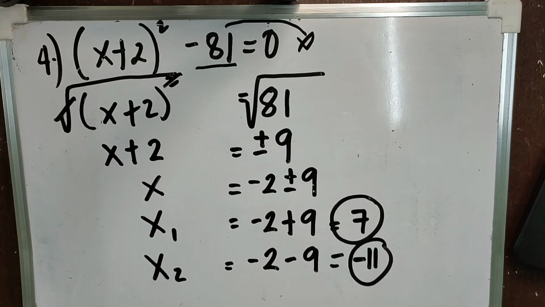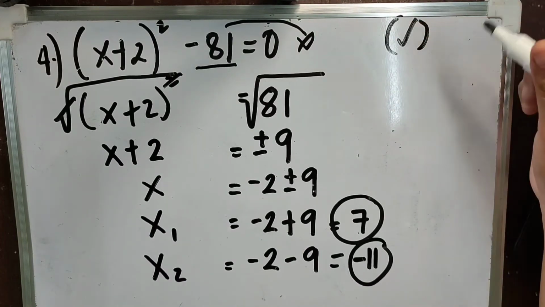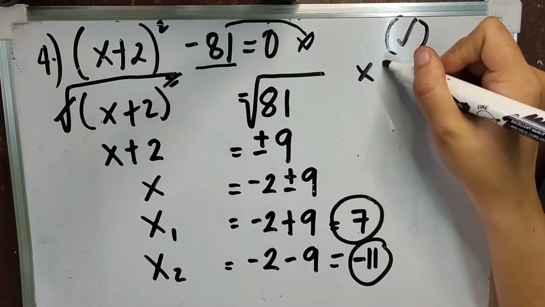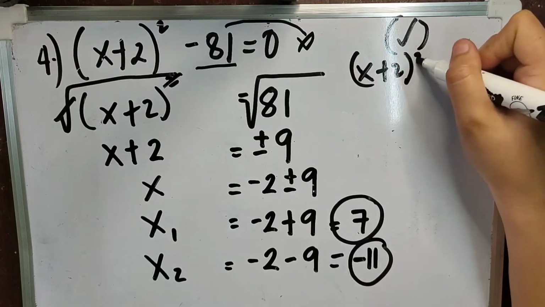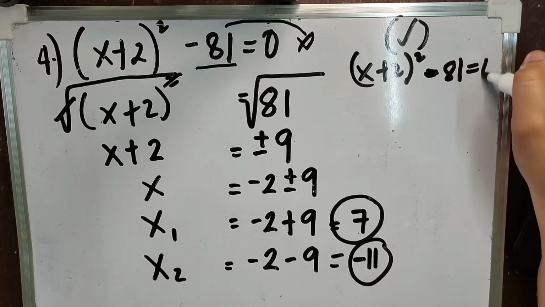Okay, to check if our answer is correct, you are going to substitute the 7 and negative 11 to your x variable. So we have checking here. x plus 2 squared minus 81 equals 0.